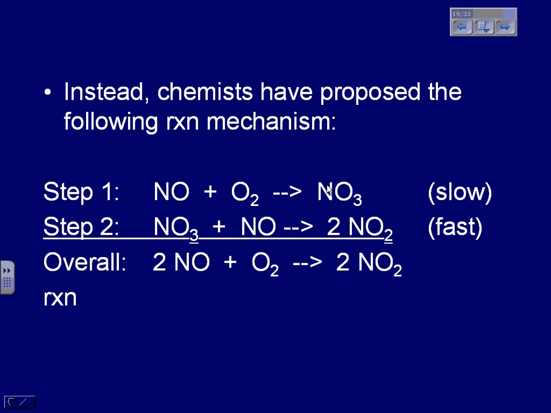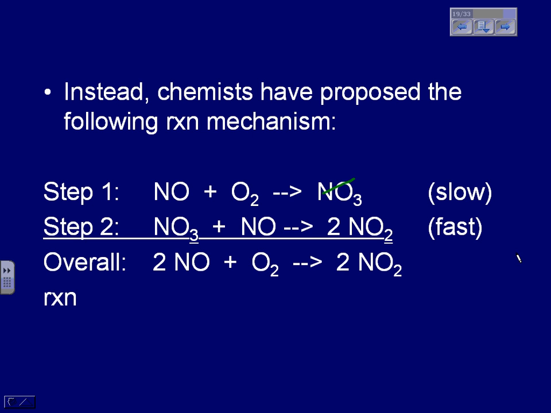And this NO3 then exists for a brief moment in time, and it subsequently runs into the second NO, thus transferring an O over to the other NO. That then results in our NO2. And here we've got the overall reaction. That overall reaction can be obtained by adding the reactions together, much like we added reactions together with Hess's law.